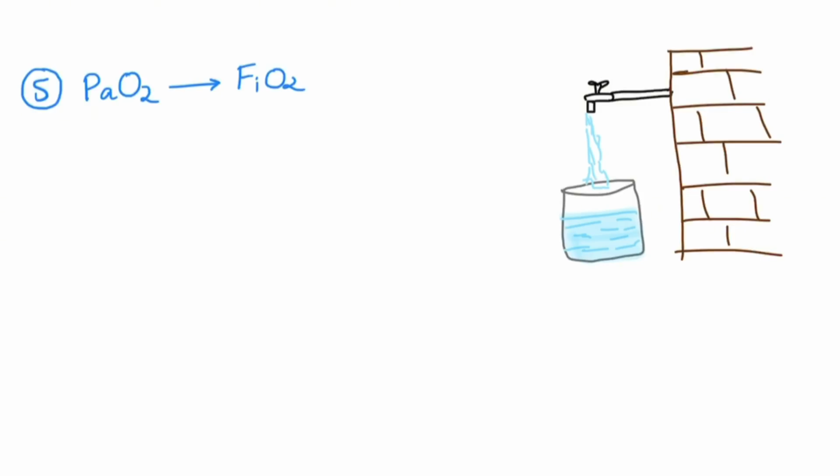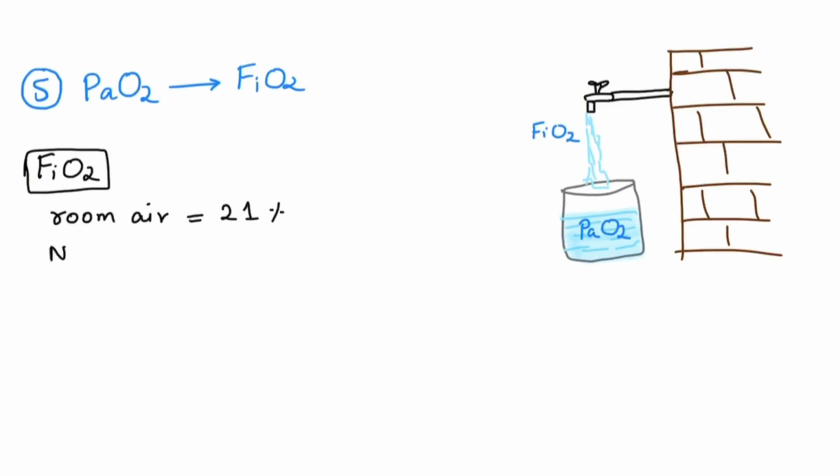So we can say that FiO2 is the supply of oxygen, and the partial pressure of oxygen is the dissolved oxygen that will ultimately be used in the body, or stored in the body, or bound with the hemoglobin to be used.